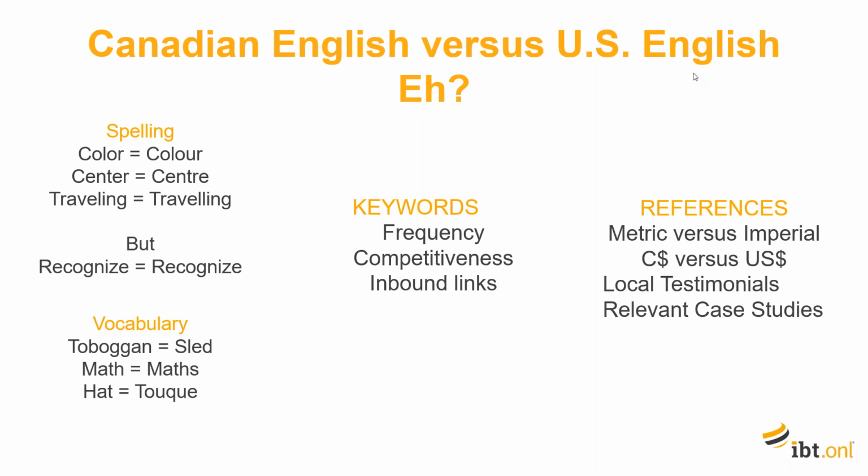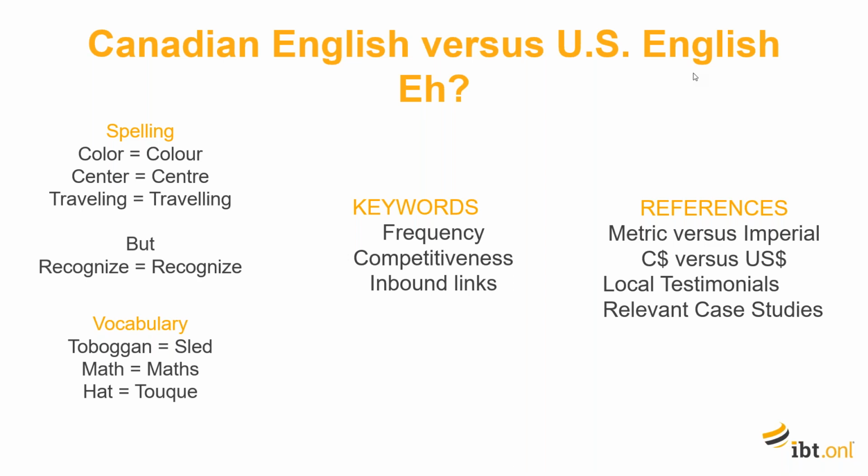I wanted to do a quick reminder as well about some of the differences between Canadian English and US English. Obviously, there are things like spelling and vocabulary. But what's really interesting from the online perspective are the keywords that are different and some of the references. The keywords that you use could be extremely different in Canada or the US.